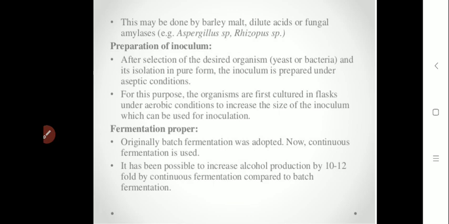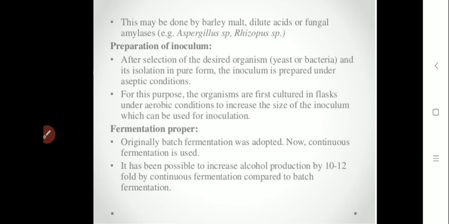This can also be done by using barley malt or dilute acids or fungal amylase. Production of amylase by Aspergillus or Rhizopus species is carried out, and with the help of these amylase or diluted acids, the pre-treatment of starchy material is carried out.